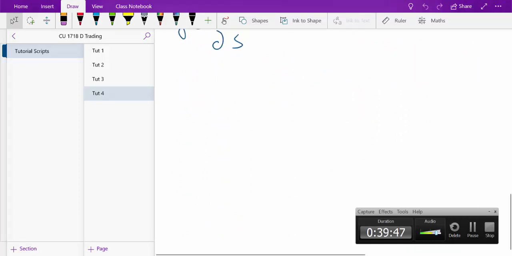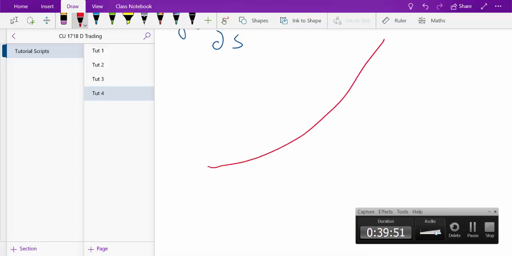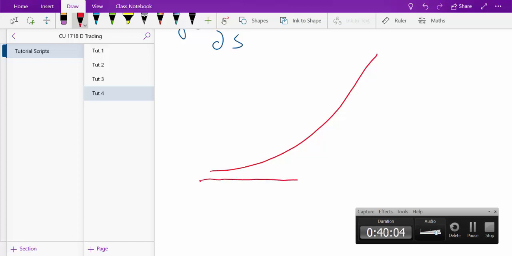Let's just say you have an option. It's hard to draw these. I'm going to be drawing a lot of these in this course.